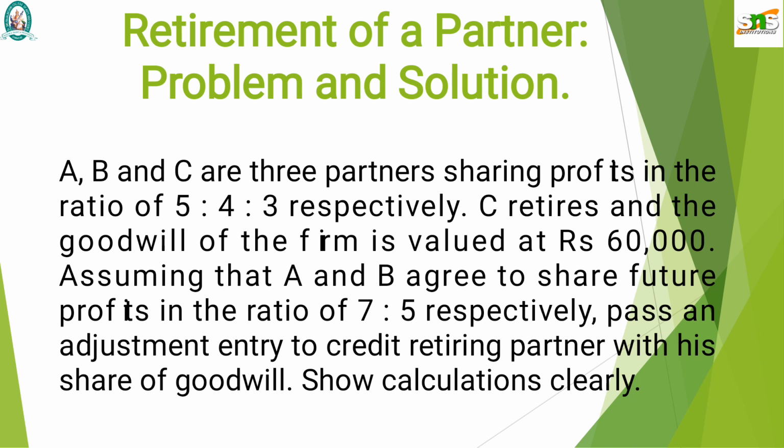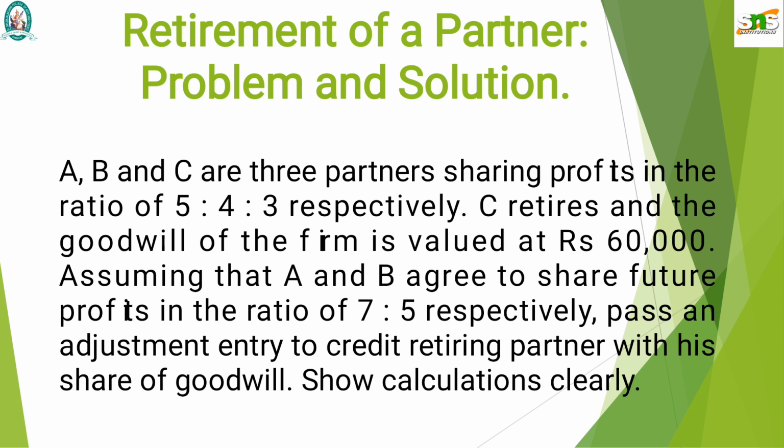A, B, and C are three partners sharing profits in the ratio of 5:4:3 respectively. C retires and the goodwill of the firm is valued at rupees 60,000.